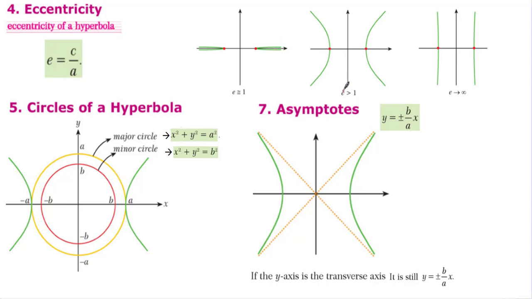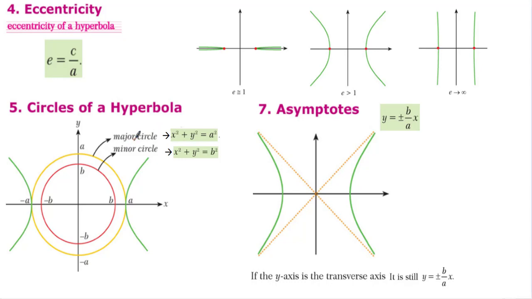So this c over a must always be greater than 1. If it is greater, it looks more like a parabola, and if it is infinity, it's closer to a straight line. And like in the ellipse, we have the circles of the hyperbola, major circle and minor circle.